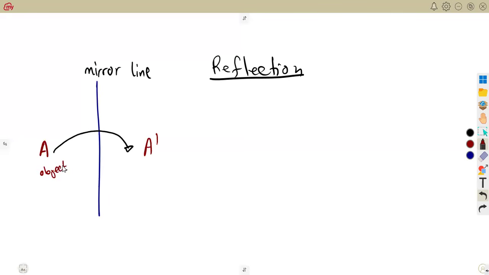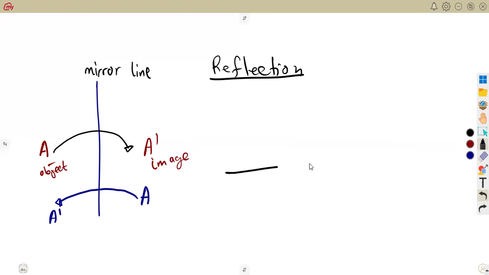Object to its image. This is across what? The mirror line. This is our mirror line. If A was this side, it means its image will be found on the other side. It will be reflected on the other side. That's a condition of a reflection.